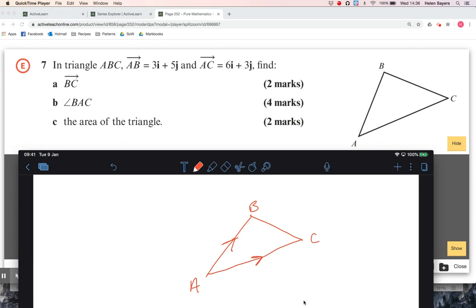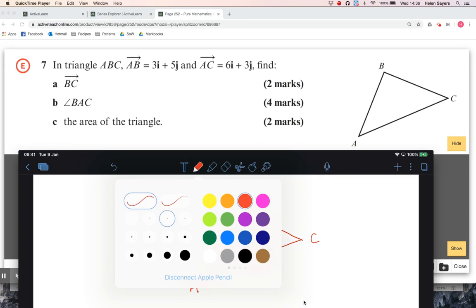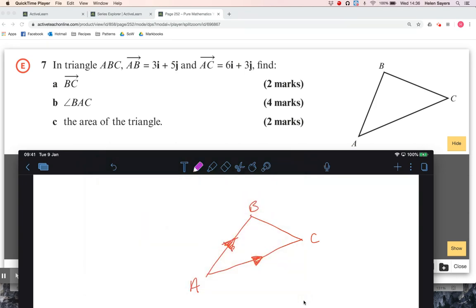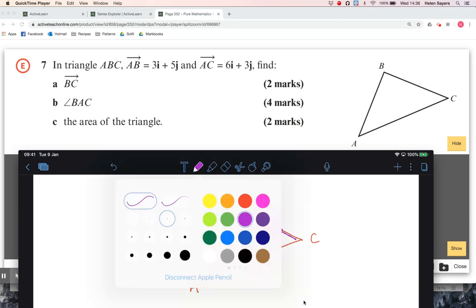Obviously the direction with vectors is very important, so just make sure you can see which way they're going. And I'm asked for vector BC, so that specifically means from B to C.